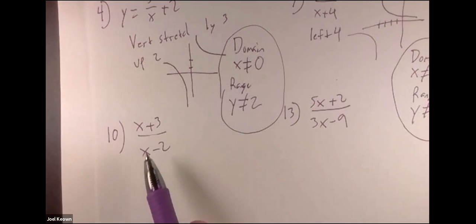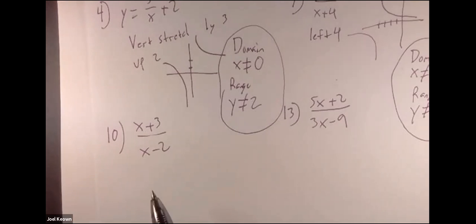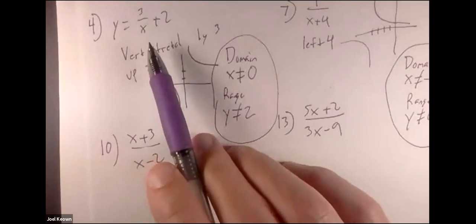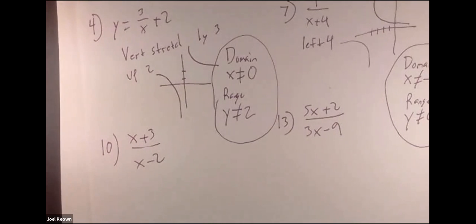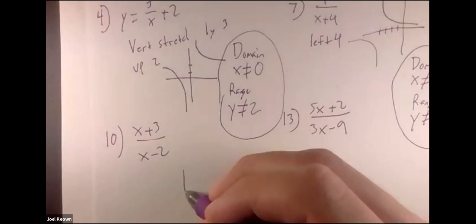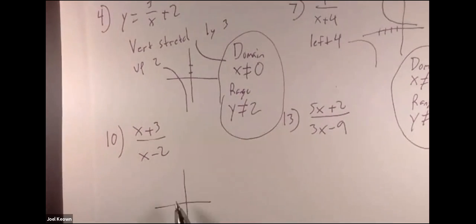Here I have x on both top and bottom, not in transformational form. Now in the next set of problems, we're going to learn how to go from this to this, but for right now, I don't need to. All I really need to know is where is my vertical asymptote?